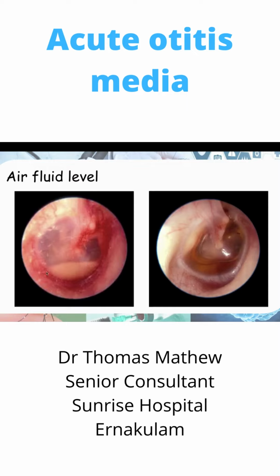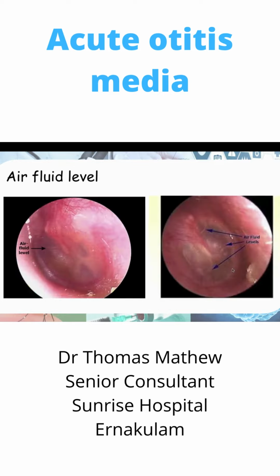You see purulent air fluid level, and sometimes it's clear serous air fluid level, but most of the time you don't see it so clearly. So you have to really look carefully at the eardrum to see if you can find any air fluid level. So over here you can see one air fluid level. Over here as well you can see a few air fluid levels, but they are not that obvious, so you really have to look carefully.